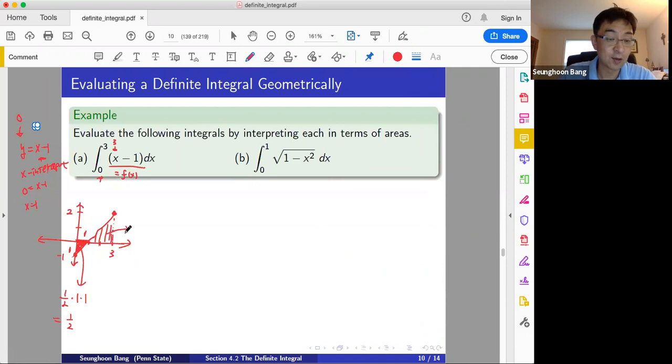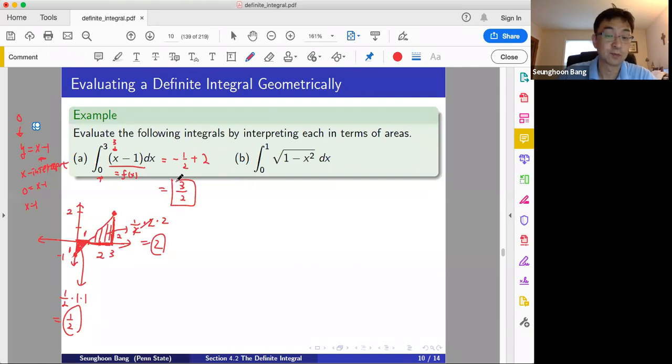And this area: the width is 2, the height is 2. So we have 1 over 2 times 2 times 2, which is 2. So below the x-axis, negative 1 over 2. Above the x-axis, positive 2. The answer is 3 over 2.